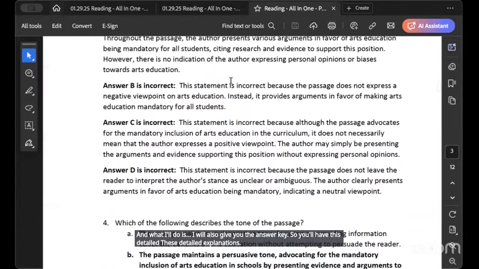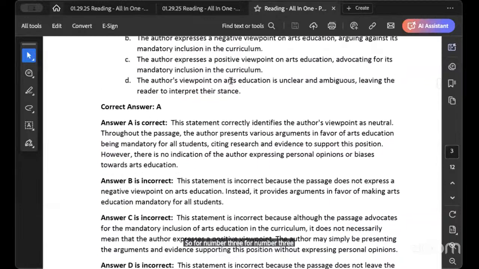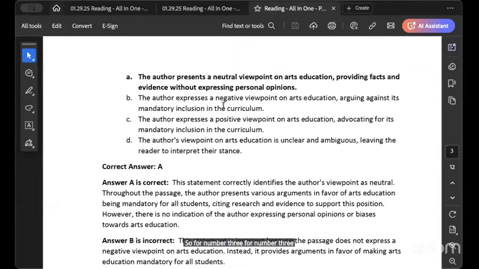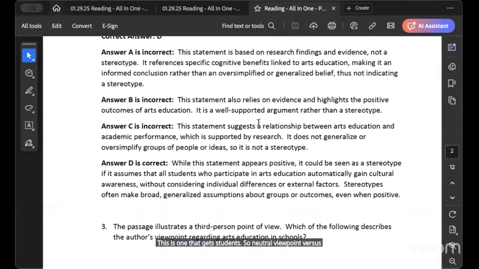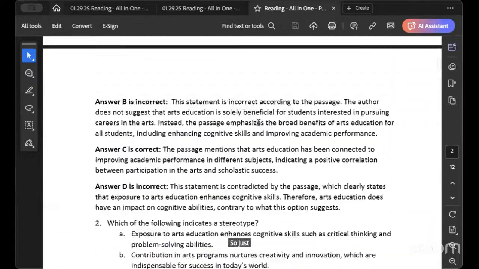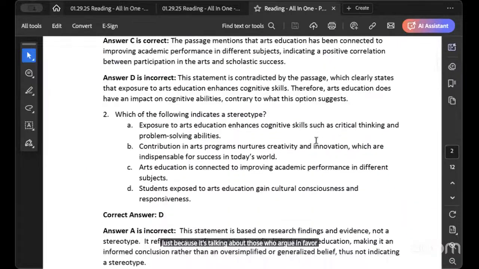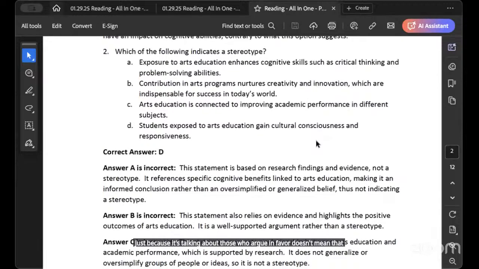So for number 3, this is one that gets students. Neutral viewpoint versus positive viewpoint. Just because the passage talks about those who argue in favor doesn't mean that it's necessarily showing a positive viewpoint.